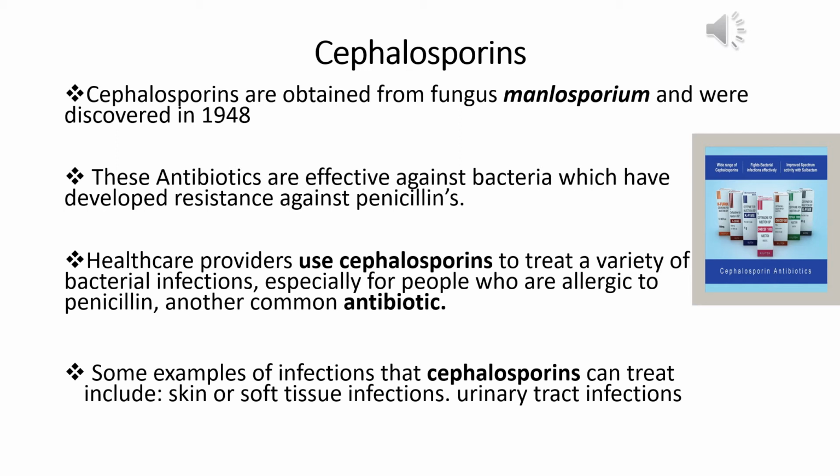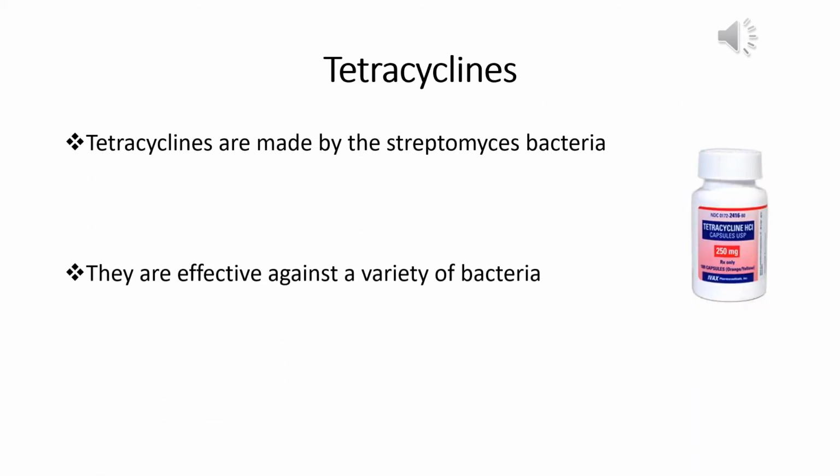Some examples of the infections that cephalosporins can treat include skin or soft tissue infections, including the urinary tract infections. So these are the diseases which cephalosporins can treat. So it is also an important antibiotic against various bacterial infections.